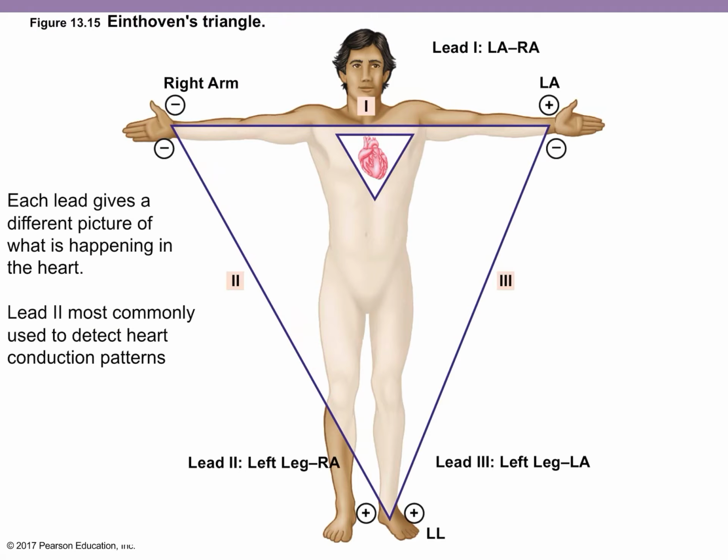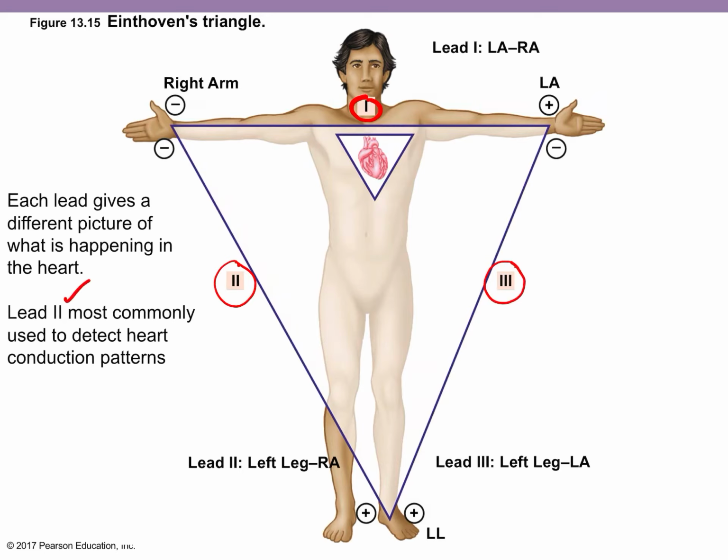And the way that they put these leads on your body is to measure different aspects of the heartbeat. So you can see that there's actually 3 leads here. There's lead 1 that goes from arm to arm. There's lead 2 that goes from your right arm to your left leg. And there's lead 3 that goes from your left leg to the left arm.